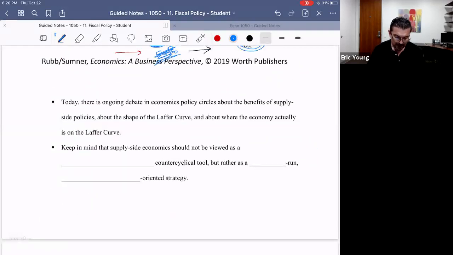To wrap it up, to summarize this, again, there's a lot of ongoing debate today in economics policy circles about, number one, the benefits of supply side policies. Some people love them, some reject them. Oftentimes people's political views influence that, unfortunately. There's ongoing debate about the shape of the Laffer curve.